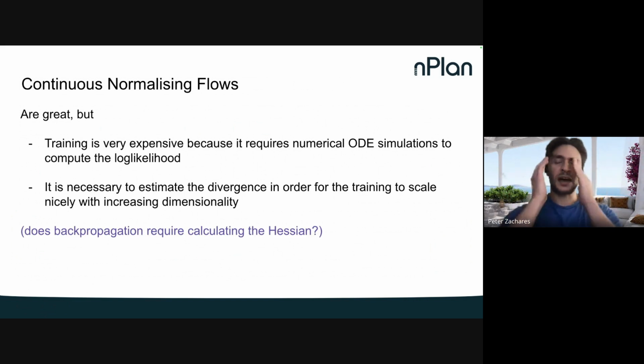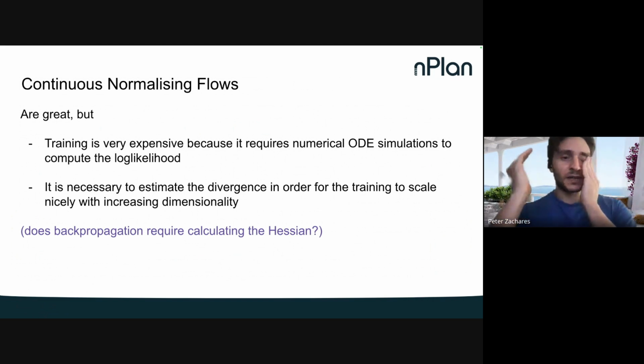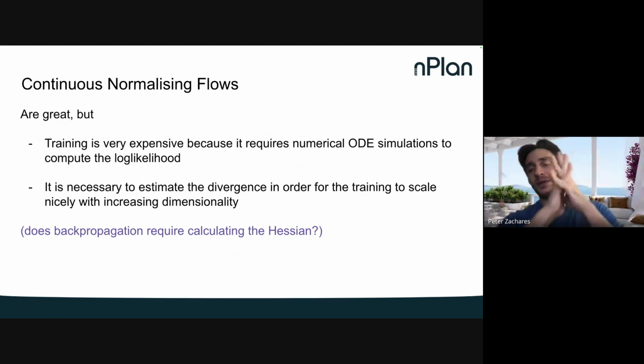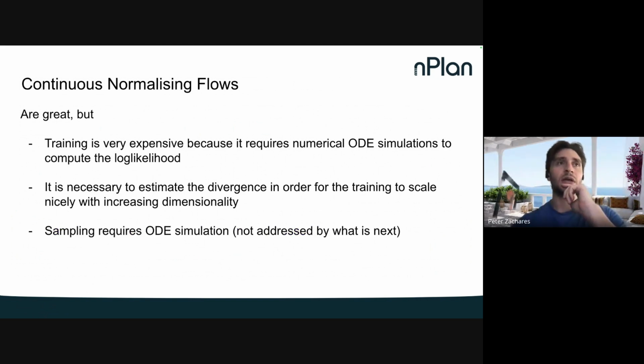And one thing I wasn't sure about when I was reading is, when you do the full back propagation from this approach, where you perform the ODE simulation and you get your output and you're like, okay, now I need to back propagate through it, do you have to calculate the Hessian because you're calculating the divergence, which is like the gradient of your network with respect to the inputs? I wasn't sure about that, but anyway, that was a question of mine.